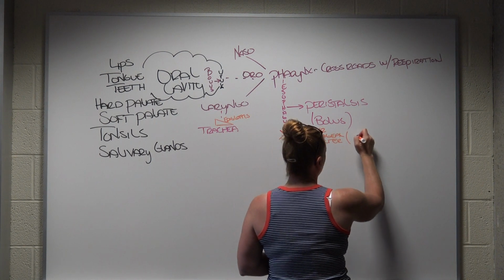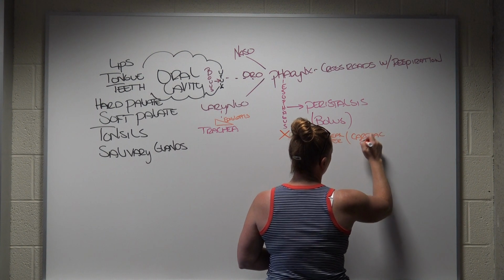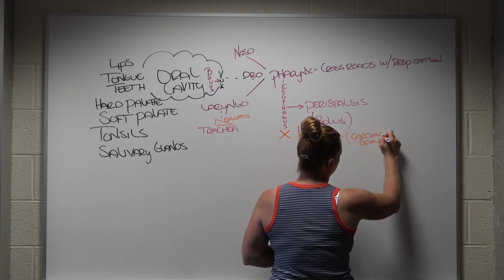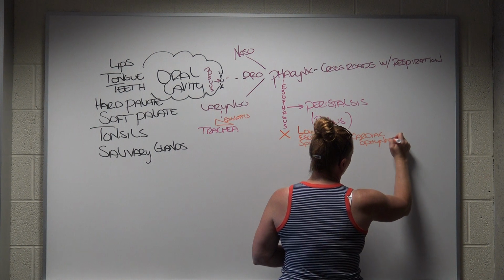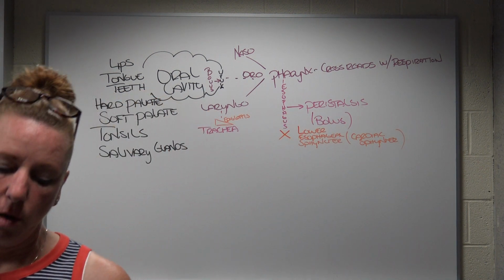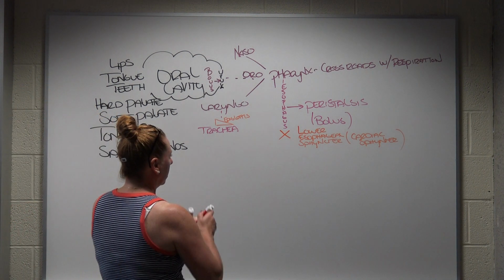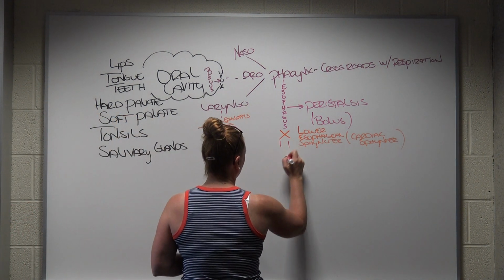You'll also find that it's called the cardiac sphincter. And it's called the cardiac sphincter because it sits right next to the heart, so that if that cardiac sphincter is not working correctly, food coming back up into the esophagus will cause heartburn. Okay? Moving that bolus into our stomach.